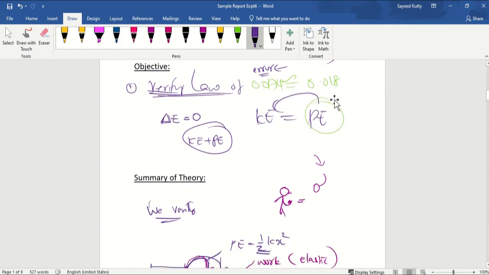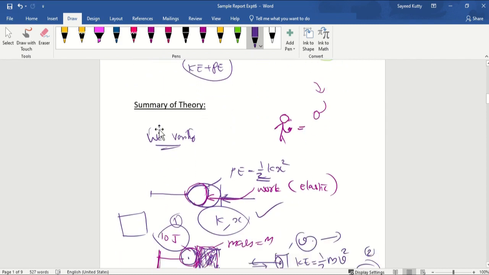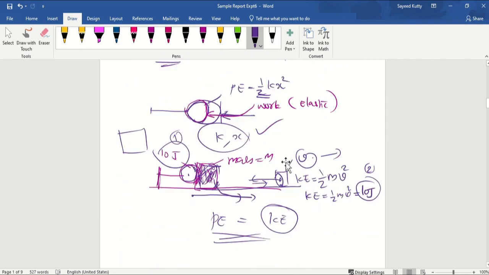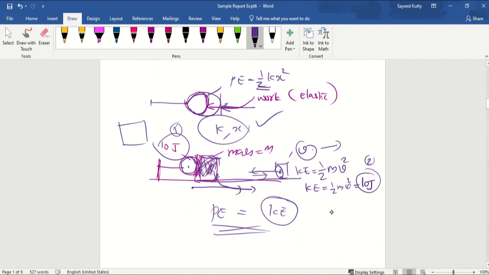So our objective is to verify the law of conservation of energy. We did that, and for that we use this theory. Let me conclude the theory once again. When we plot F versus X, we get the spring constant K. From the spring constant K, I calculate the potential energy stored when we compress the spring to 2 centimeters. This is the value we choose. So the half K value we know, the X value is this.